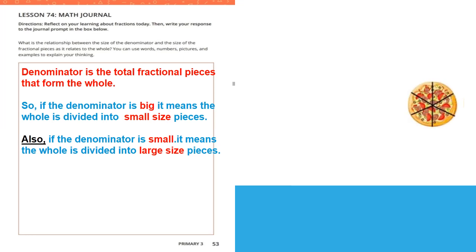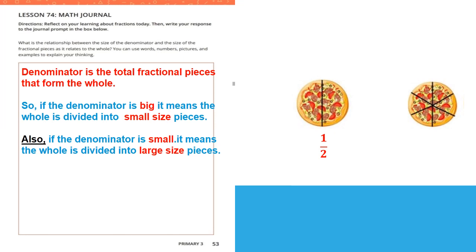Okay, I have here two pizzas. One pizza divided into 6 equal parts and one pizza divided into 2 equal parts. The fraction for each piece in the pizza which is divided into 2 equal parts, each part will be 1/2, right? 1/2, 1/2.